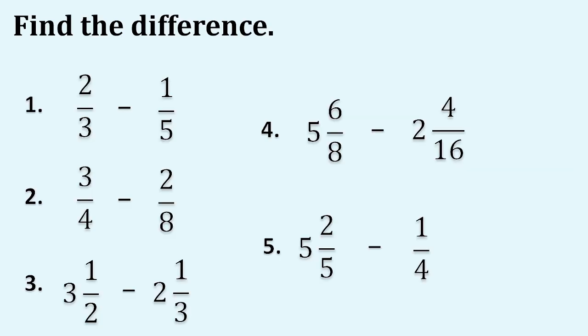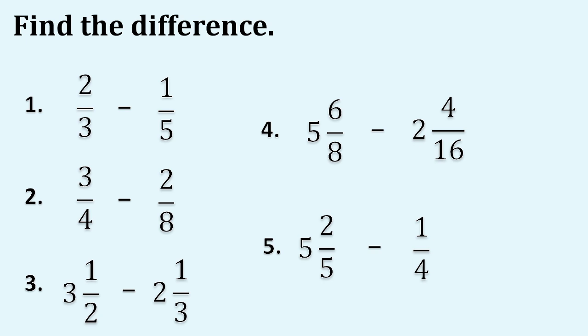Let's answer this. Find the difference. Number 1, 2/3 minus 1/5. Number 2, 3/4 minus 2/8. Number 3, 3 and 1/2 minus 2 and 1/3. Number 4, 5 and 6/8 minus 2 and 4/16.